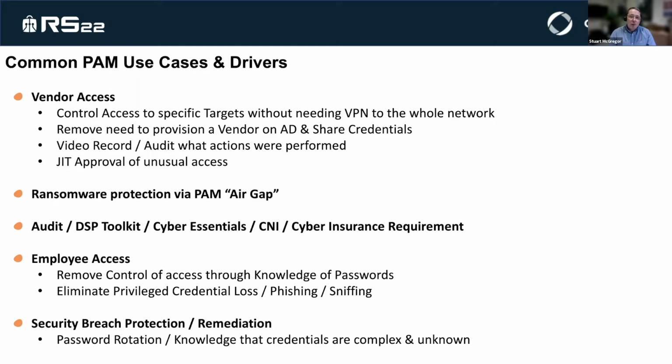You also don't know whether the patching policies and the antivirus policies and everything of your vendor actually align to those that you may have in place. So when they're VPNing into your network at the moment, you don't know what software they're bringing into your network, and you don't know whether they're also acting as a tunnel for a hidden attacker on their environment, or even where they may pivot to. So PAM's going to help definitely with vendor access.